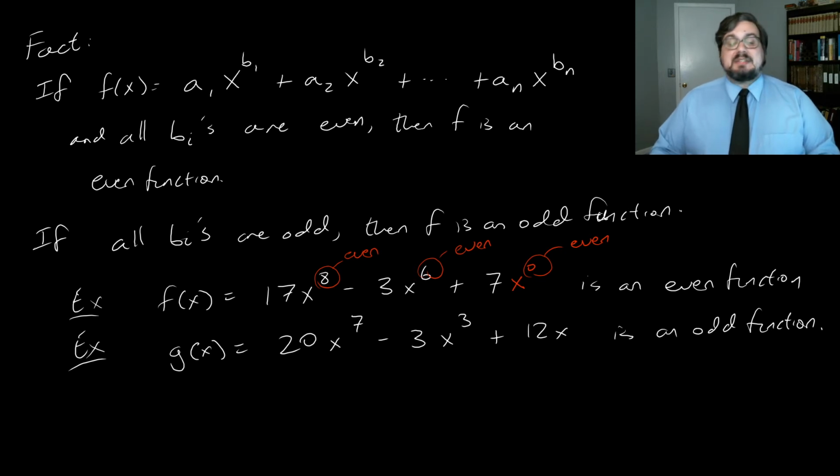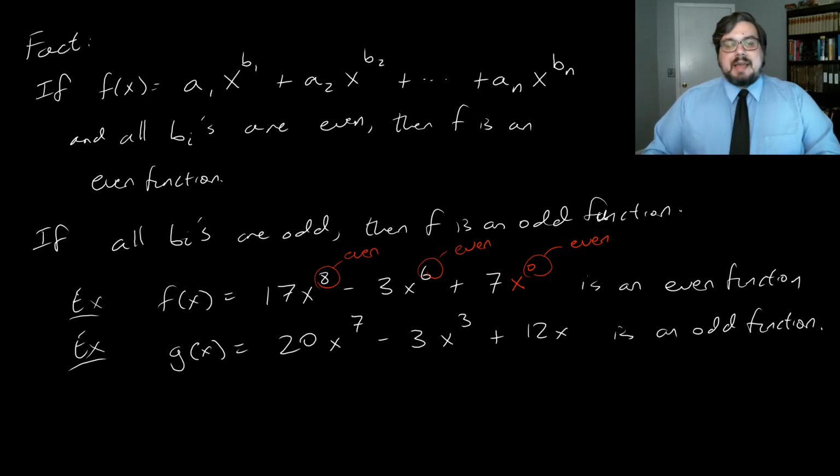However, if you happen to see a function that's defined by a polynomial where all of the terms have even degree, then that function is an even function. And if all of the terms have odd degrees, then that function is an odd function. And so that's sort of why we come up with these terms in the first place and use them to describe what's going on.